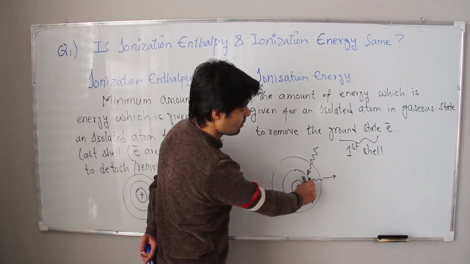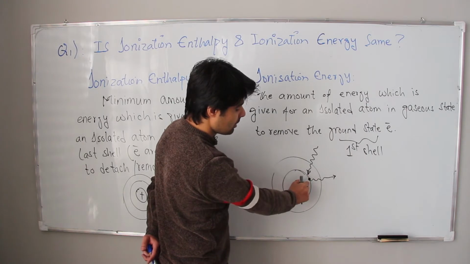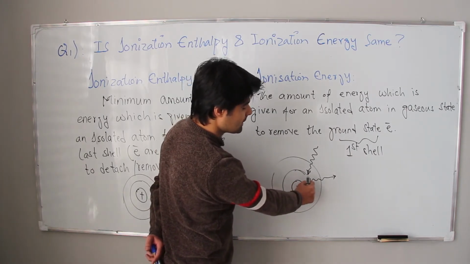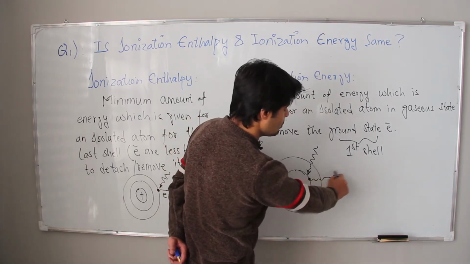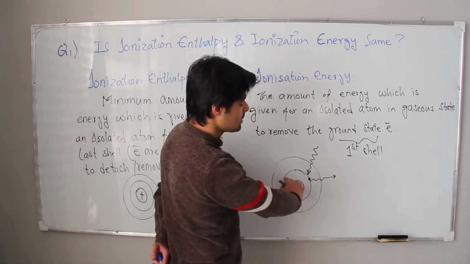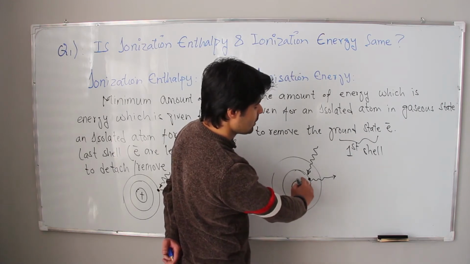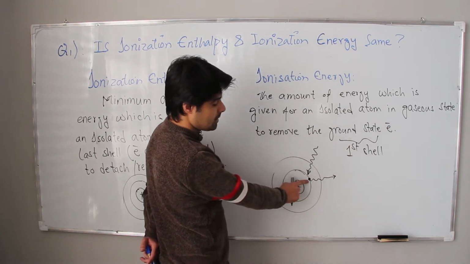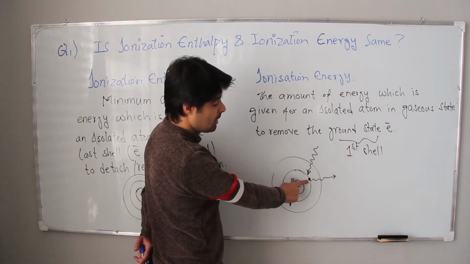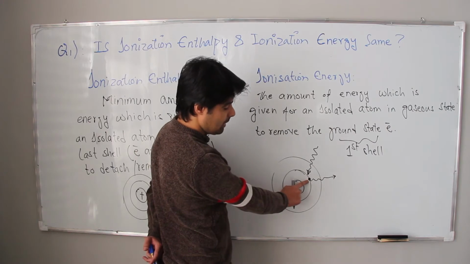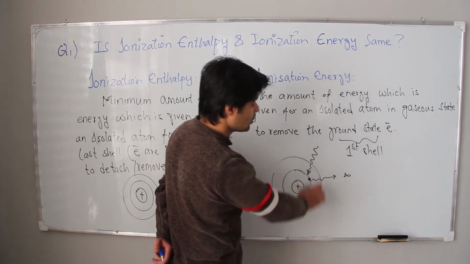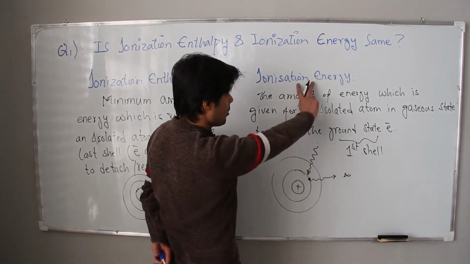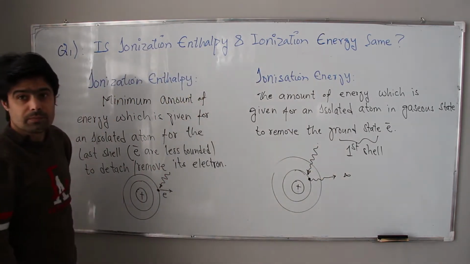That energy, which is given to the atom to remove this electron to infinity, from the first shell, is called ionization energy.